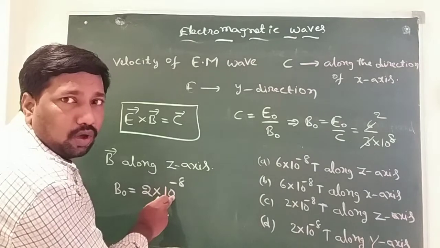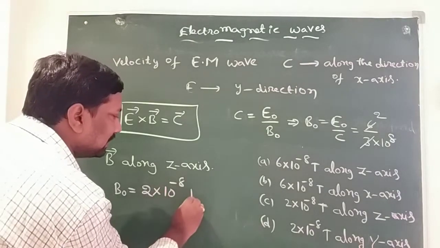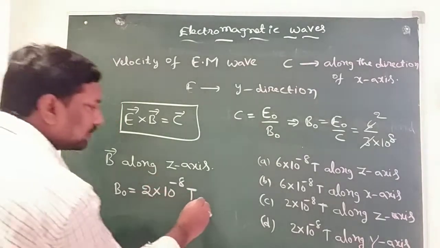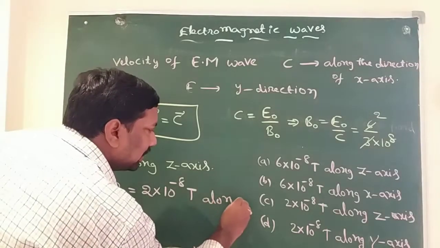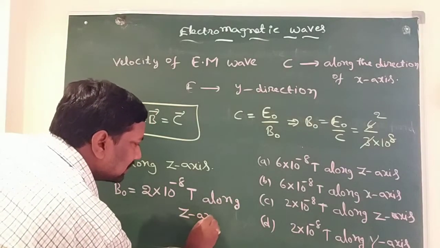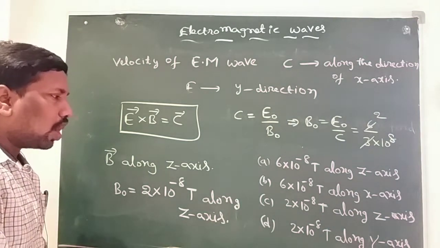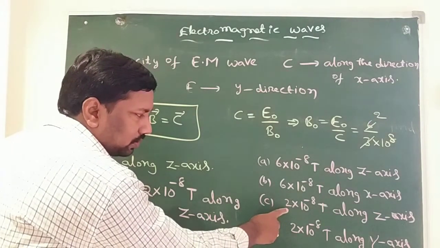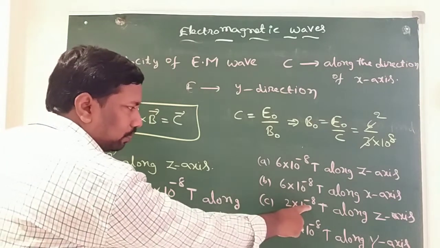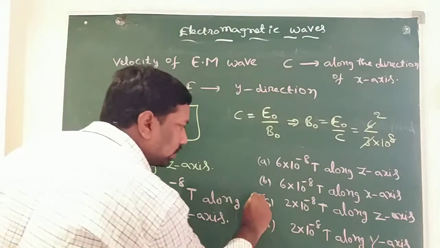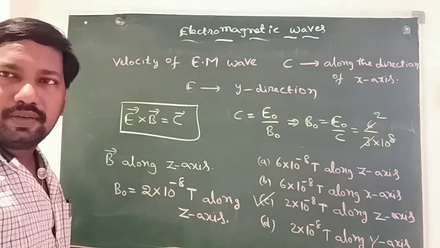The unit of magnetic field induction is Tesla, and its direction is along the z axis. So the correct option is the third option, C, 2 into 10 power minus 8 Tesla along the z axis. Okay, thank you.